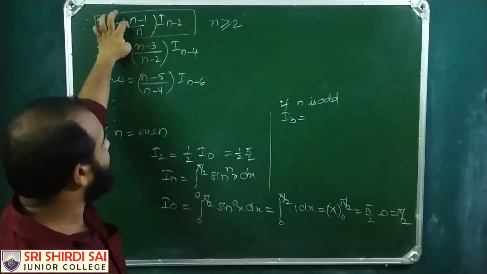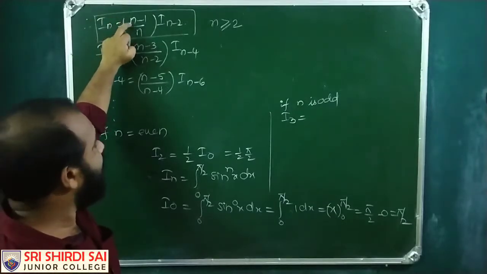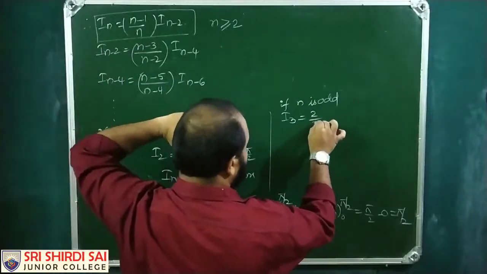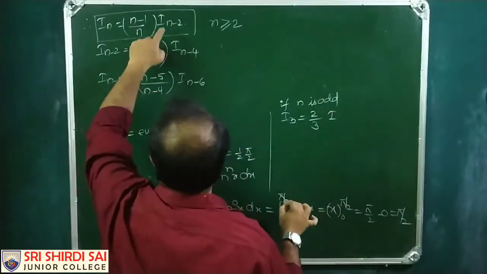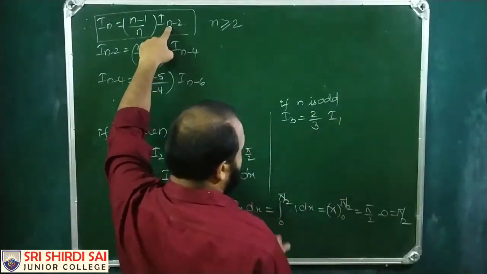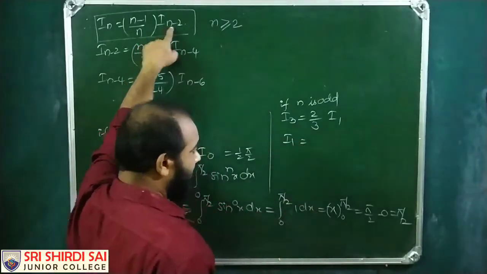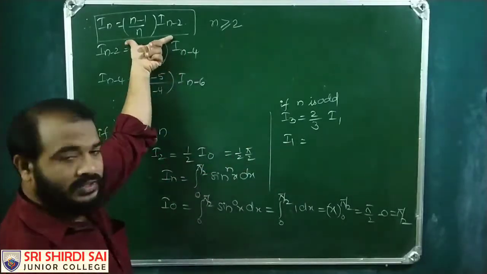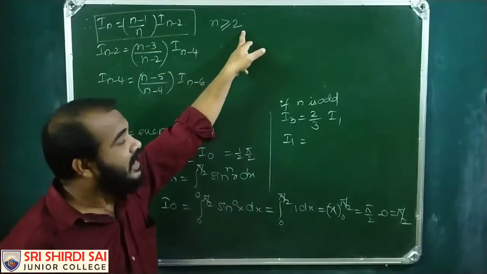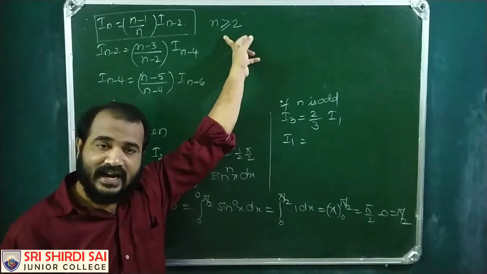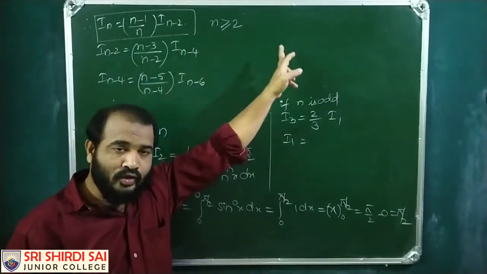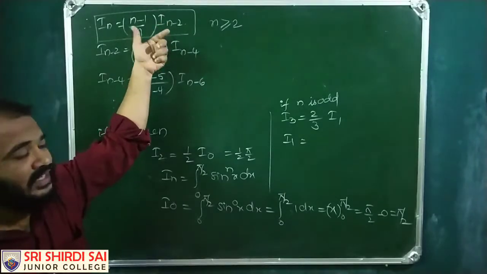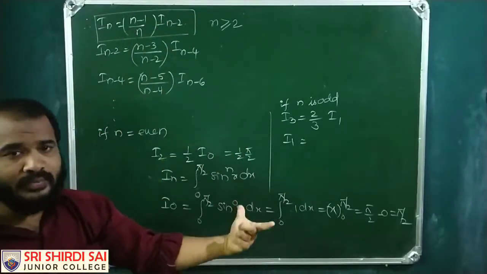So n is 3, 3 minus 1 by 3 into I1. What about I1? Can we substitute I1 in this? No, because n must be greater than 2. As long as n is greater than 2, only then can we substitute that value in this. Otherwise we cannot substitute. So what is to be done?